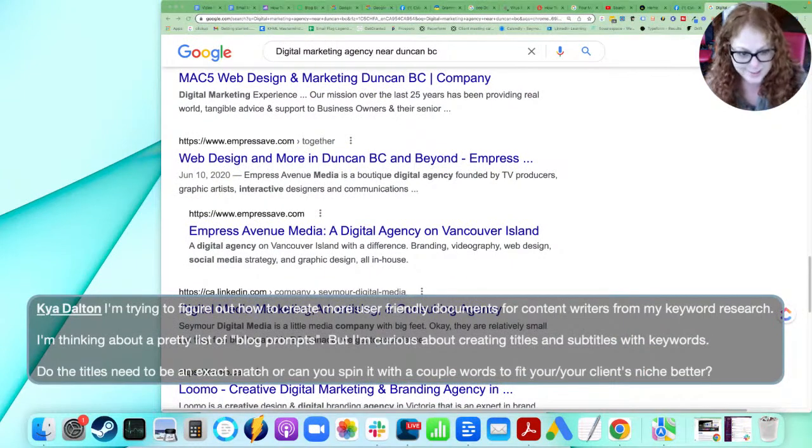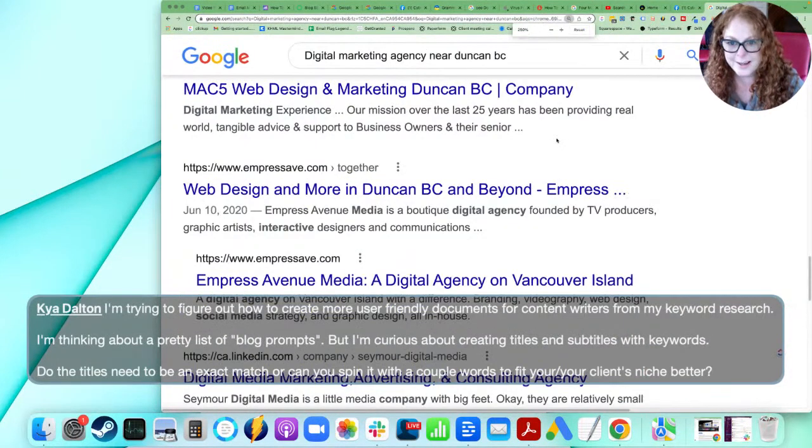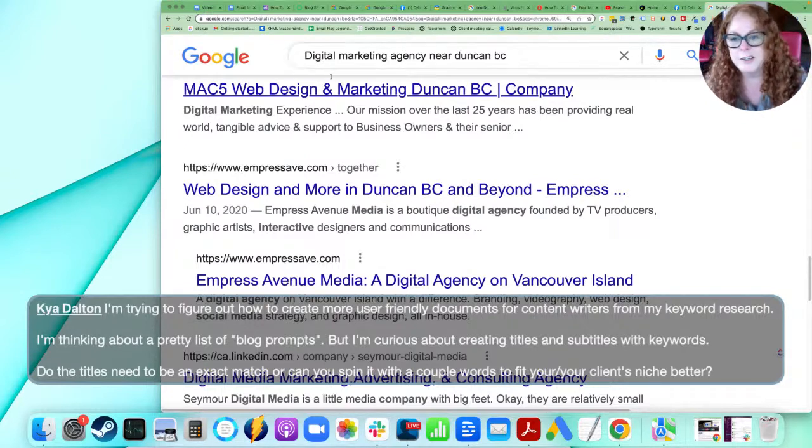Okay, if we look here for a second, we can see that I typed digital marketing agency near Duncan, BC. So that was my exact search. So up here in the search bar, you see that Google's still taking every single word that I typed, and that is in the search engine results.